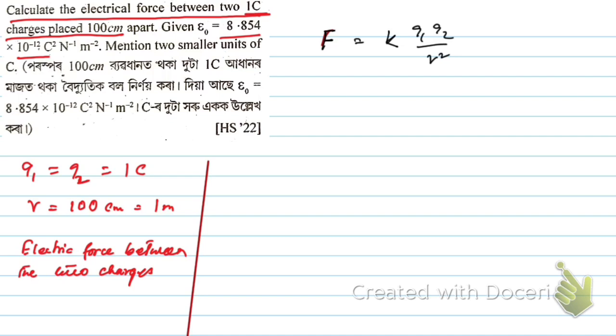K is nothing but 1 by 4 pi epsilon naught, right? 1 by 4 pi epsilon naught.